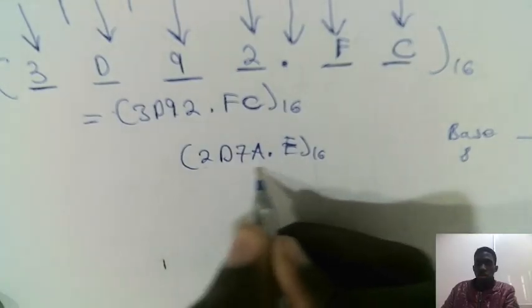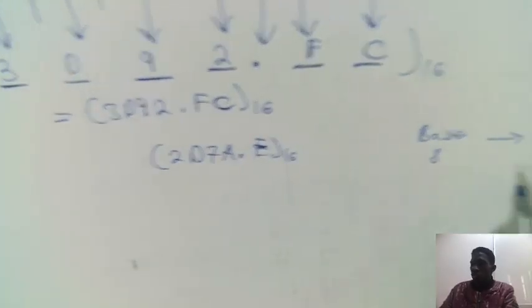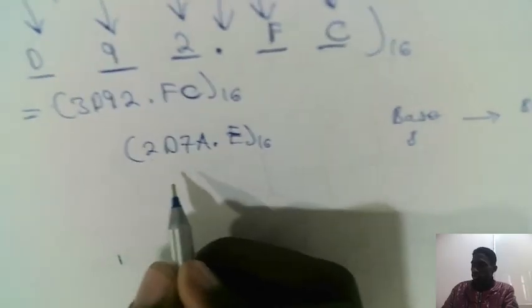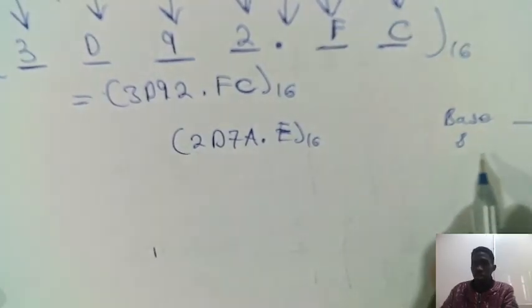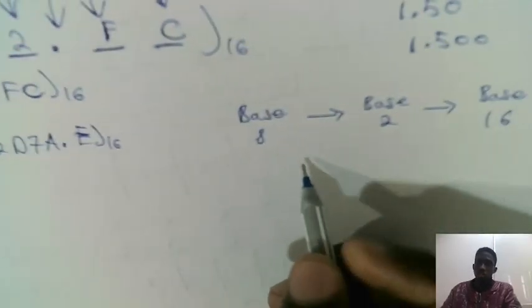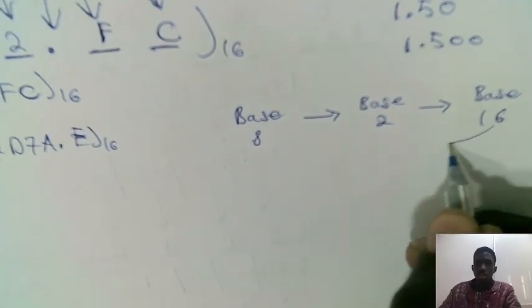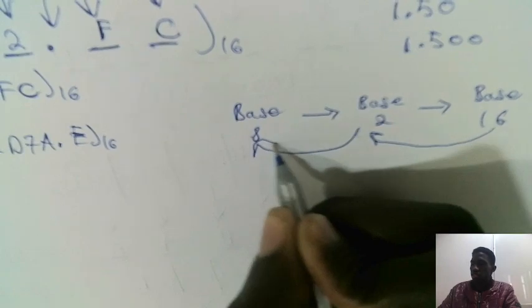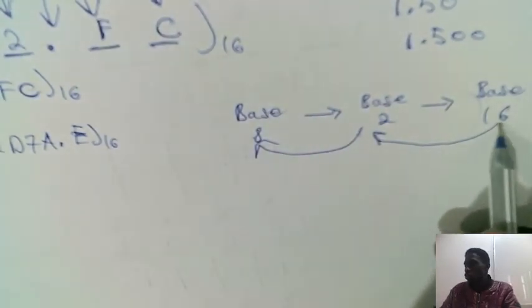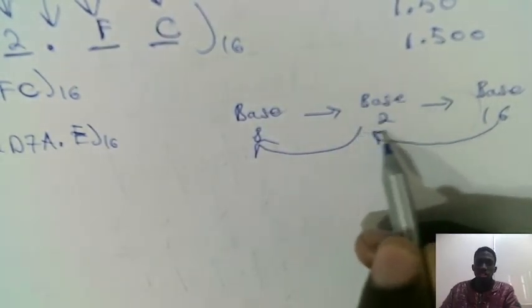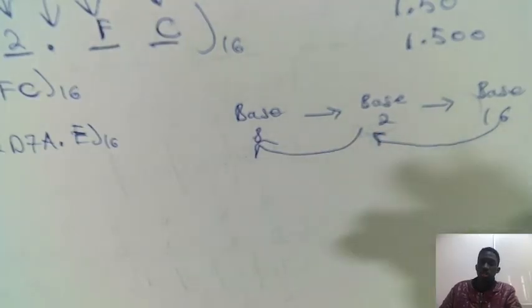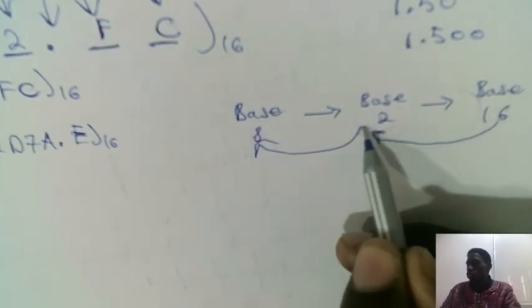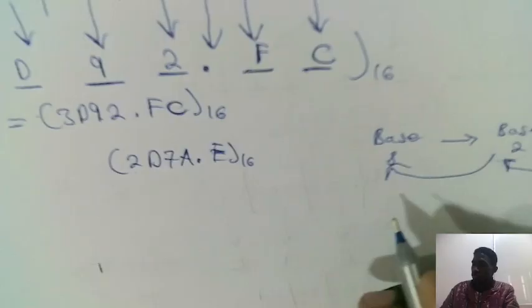We can also move from base 16 to base 2, and then from base 2 to base 8, like a circular pattern. Base 2 is like the intermediary base here.